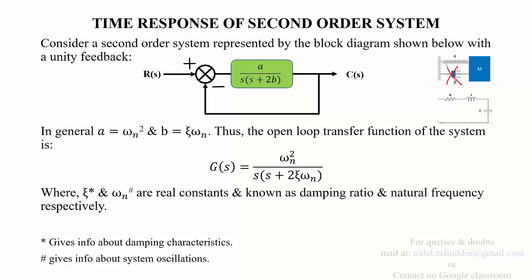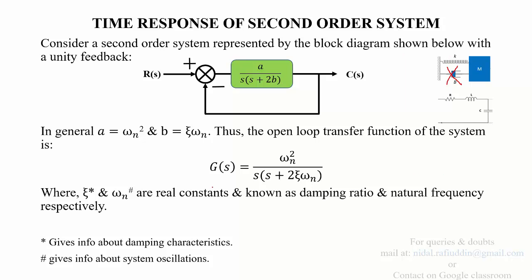If you provide some energy to it, you'll see that during half of the cycle the energy will be stored in one element in the form of kinetic energy in the mass, and during the next half the energy will be transferred to the spring in the form of potential energy. Because of this energy exchange between spring and mass, the energy changing from kinetic to potential and then back to kinetic will cause oscillation in the system. That oscillation will have a certain frequency called the natural frequency of oscillation.